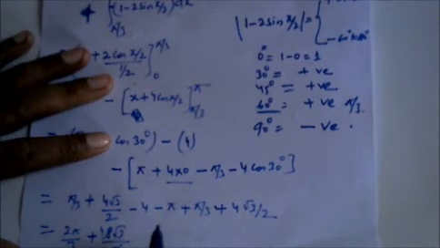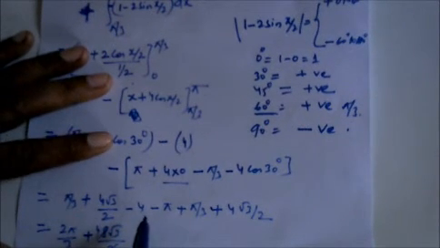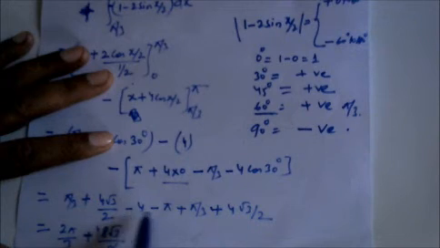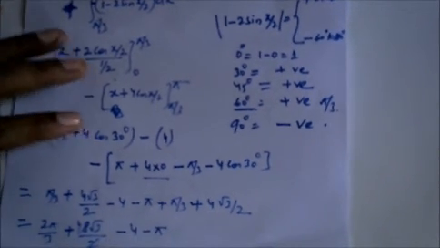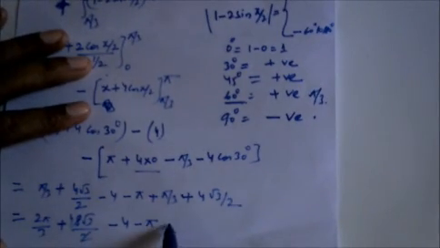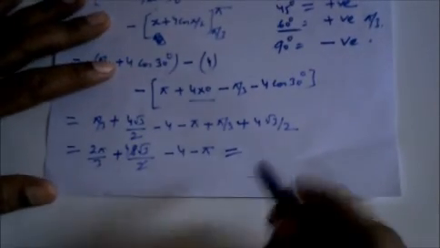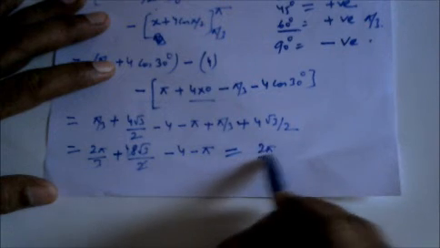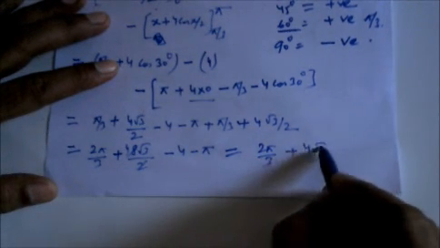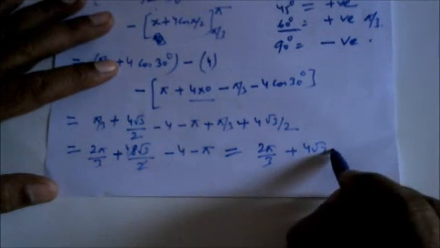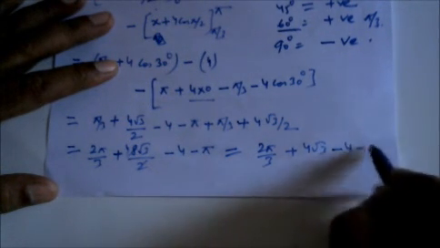Okay, 4 root 3, and then minus 4 minus pi. So this complete, we will be getting 2 pi by 3 plus 4 root 3 minus 4 minus pi.